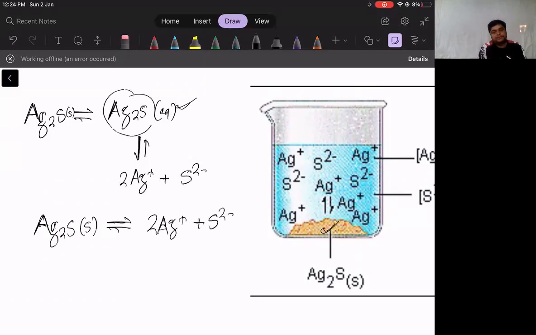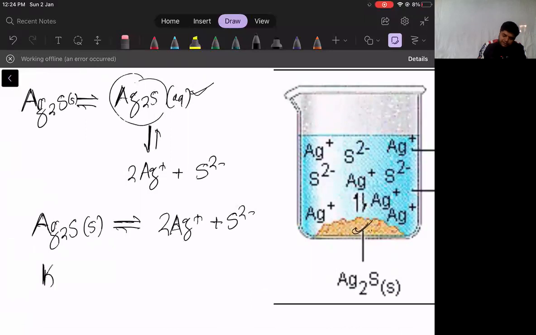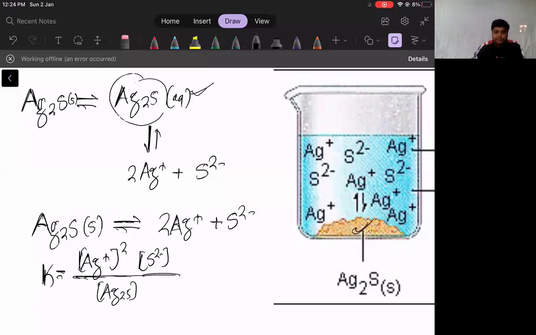If we try writing the equilibrium constant, it can be written as Ag plus raised to power 2 into S2 minus divided by the Ag2S concentration. As we more often see, the concentration of pure substances or solid substances is kept constant.